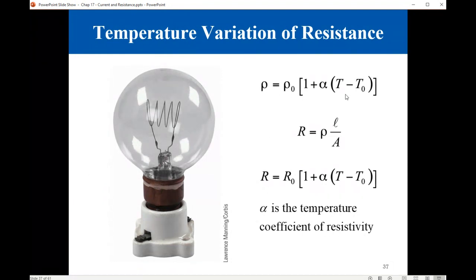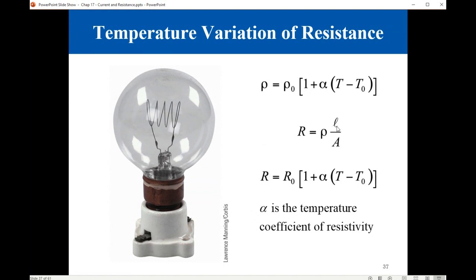So from this equation for the resistivity, we can calculate the new value once the temperature changes. And from the change in rho, you can calculate the change in R, the resistance. So we can generate such an equation for the resistance, very similar to this equation, because L and A will not change for the same conductor.